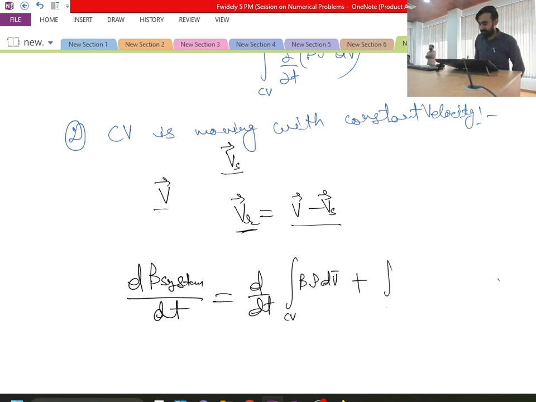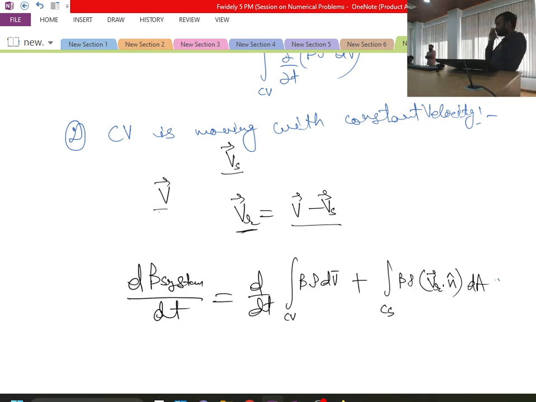The integral over the control surface of beta rho, and what will I be having now? Earlier I was having V vector dot n cap. Now it will be V relative vector dot n cap times dA. Point is clear? This point is clear?